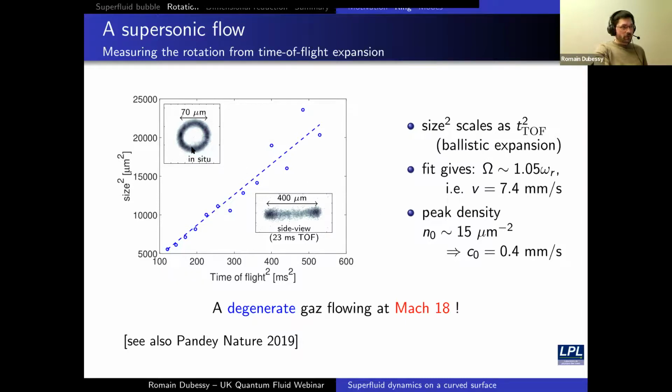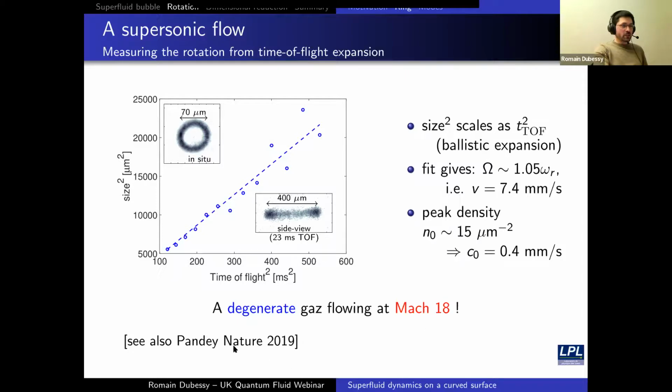And from the in situ density picture, we can record the local atomic density. We find that it's typically this value, which gives us an estimate of the speed of sound of the order of less than 1 millimeter per second. And if you take the ratio of the two, you conclude that the gas is flowing at Mach 18, with a linear velocity 18 times above the speed of sound.